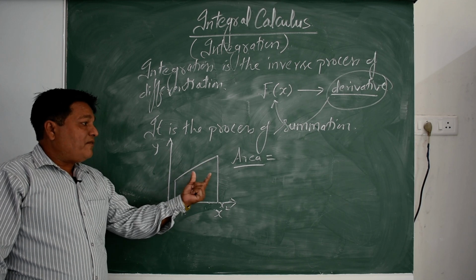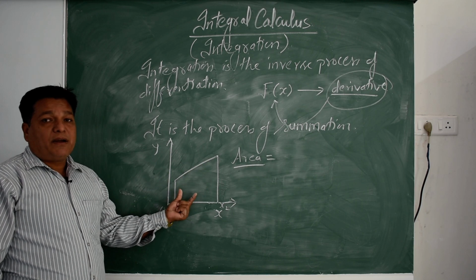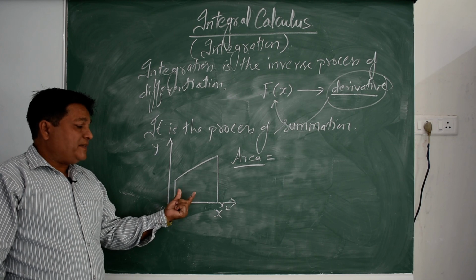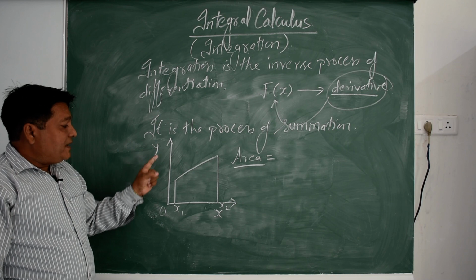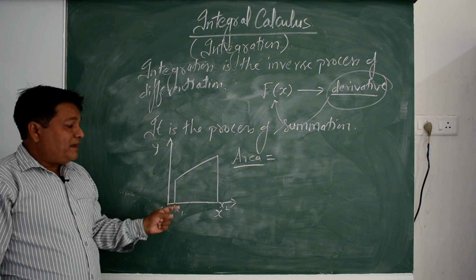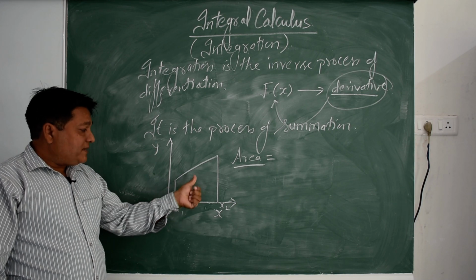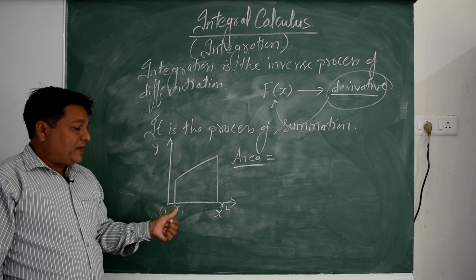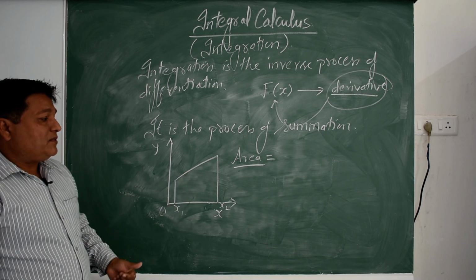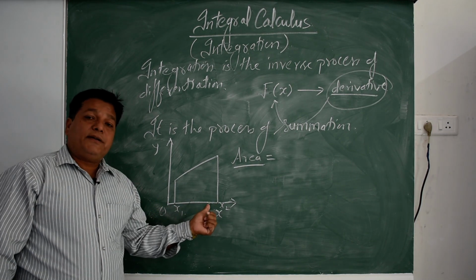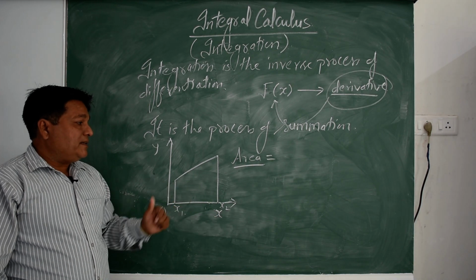We can apply the formula of a trapezium and determine its area: half into the sum of the parallel sides into the altitude, and we get the area in this case.